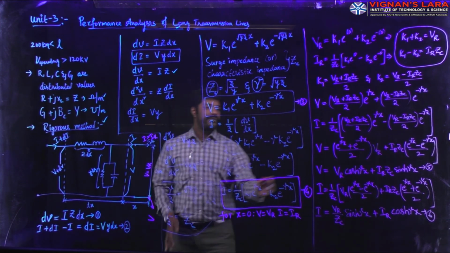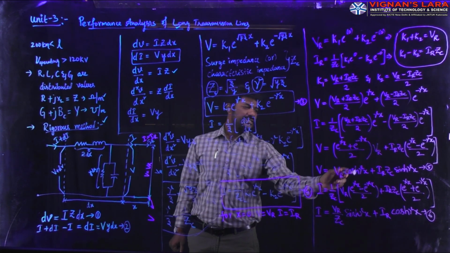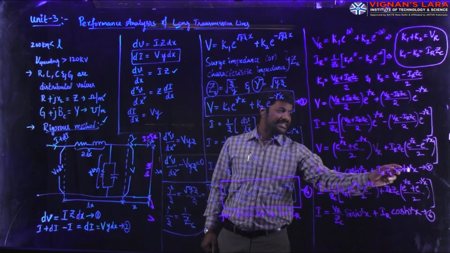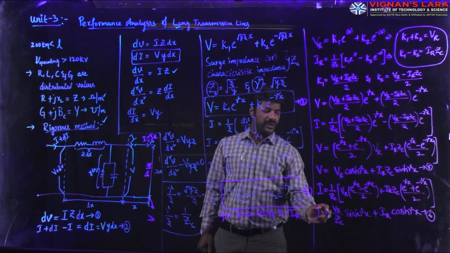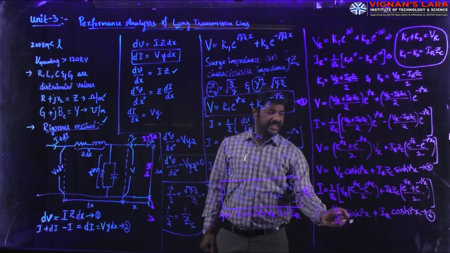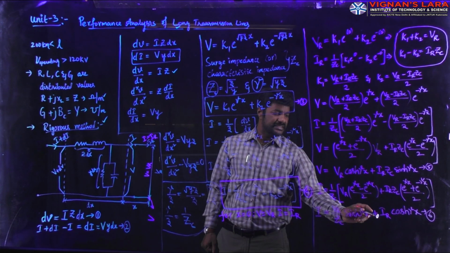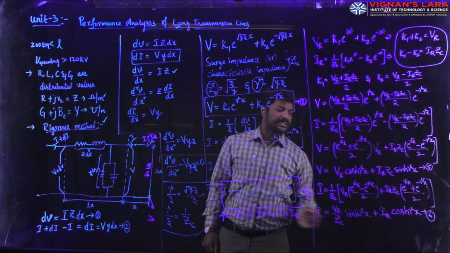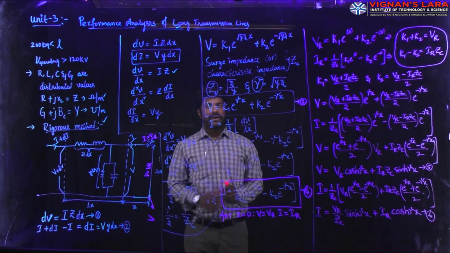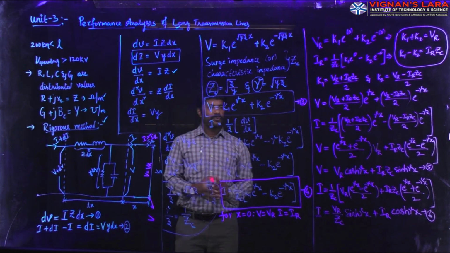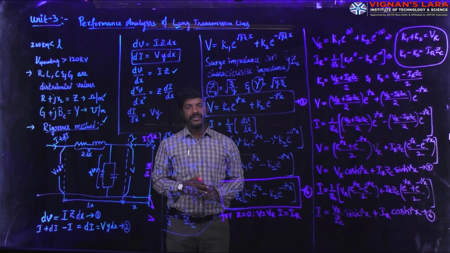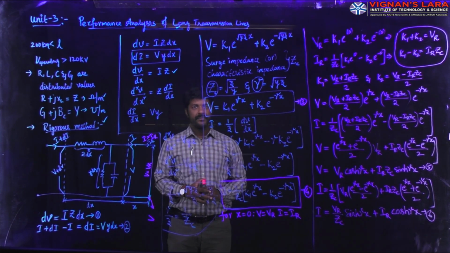That is, V is equal to VR cosh gamma x plus IR ZC sinh gamma x, and I is equal to VR by ZC sinh gamma x plus IR into cosh gamma x. What is our objective? Our objective is to get the equations for voltage and current in terms of ABCD constants with its own coefficients. Okay, will be continued further.